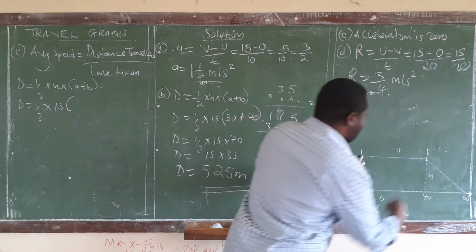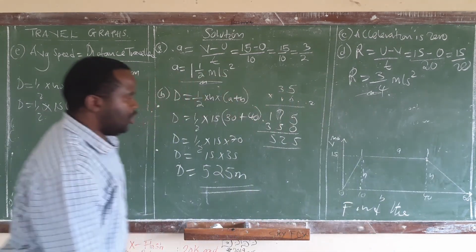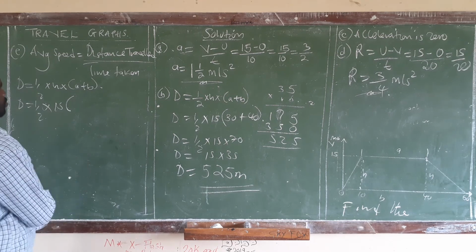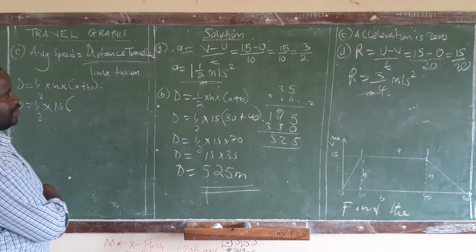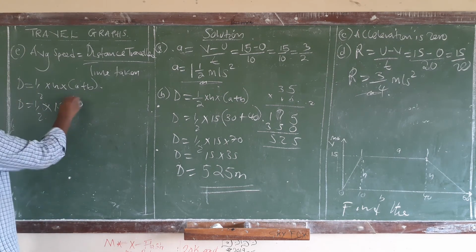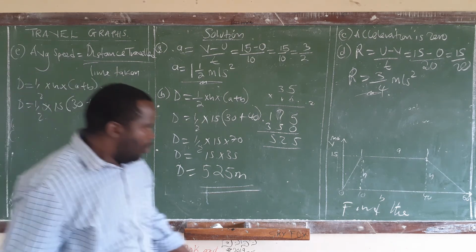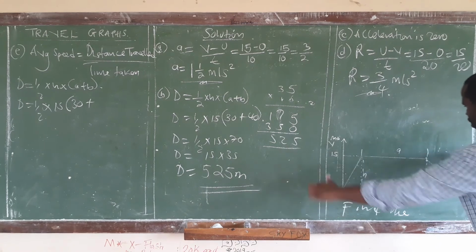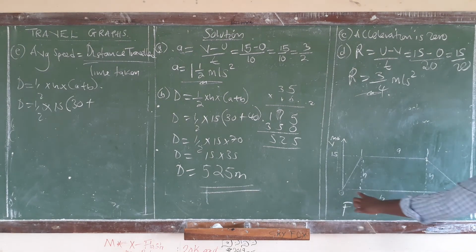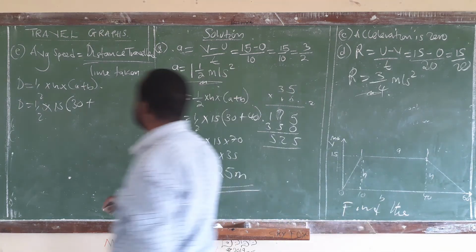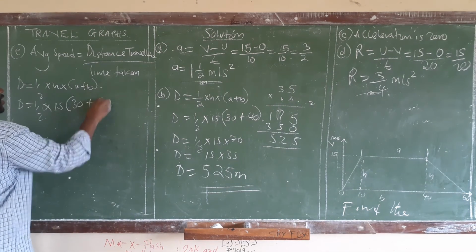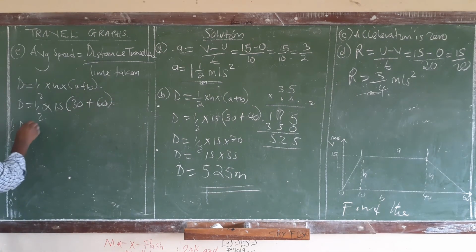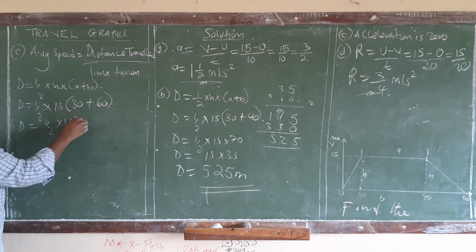A remains from here up to there, which is 30. 30 plus, what is our b now? Since I'm dealing with the whole graph, my b will no longer be 40, but in this case 60. So this is equal to half times 15 times 90.